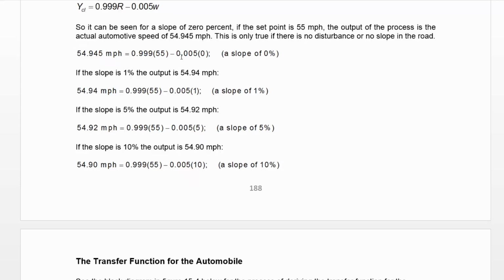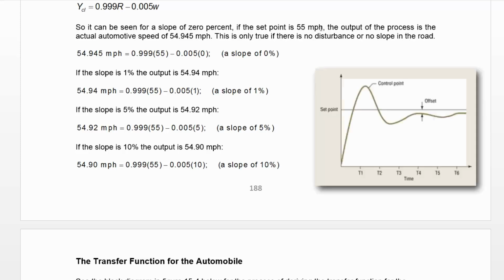So we have a slope of 0 degrees. So that'd be 54. With the slope of the 0%, the set point is 55 miles an hour. The output of the process, the actual automobile, is 54.945 miles per hour. With feedback control, there's always an offset.